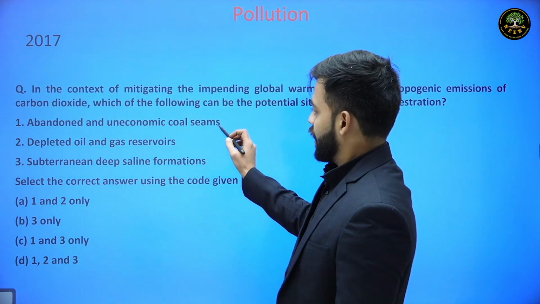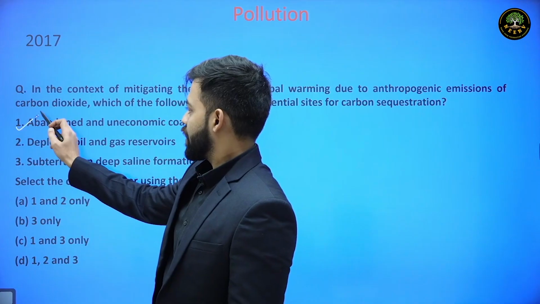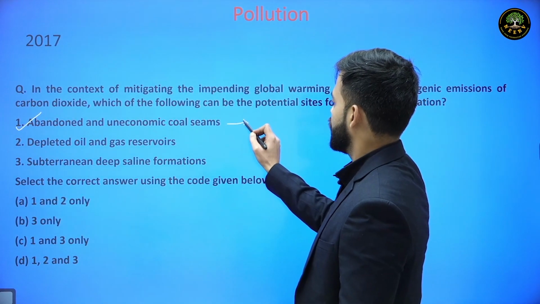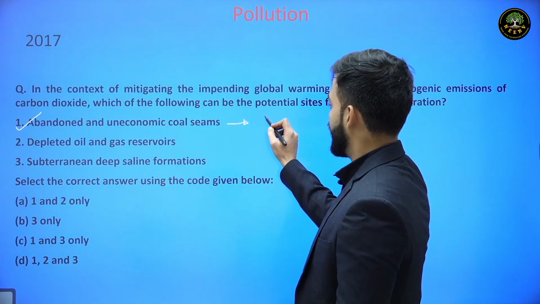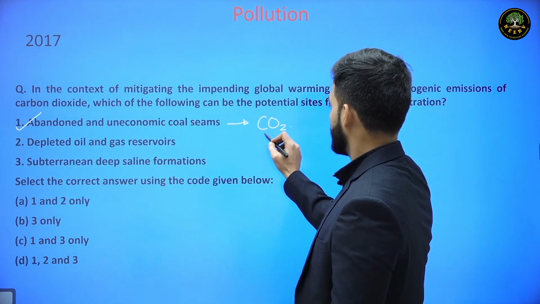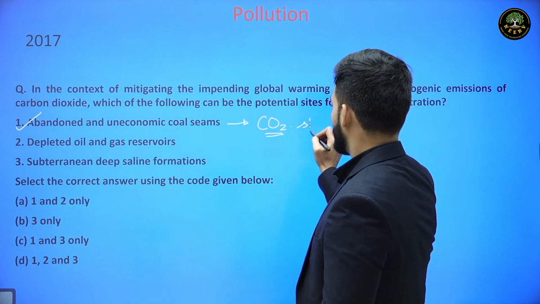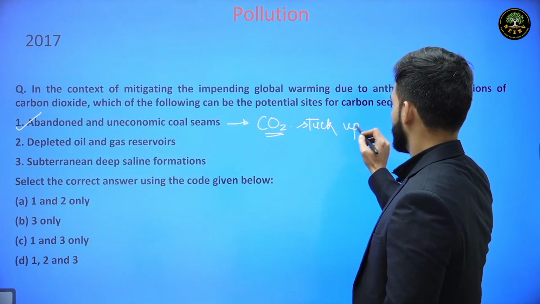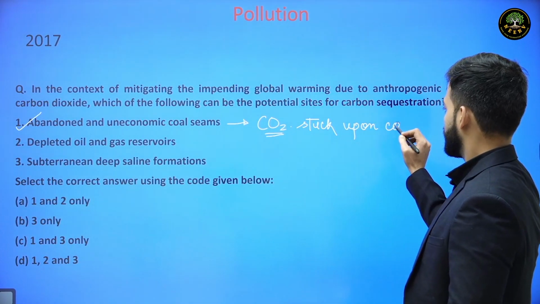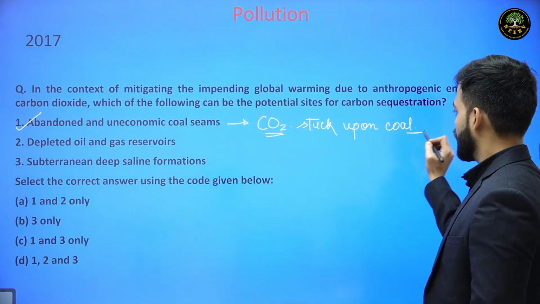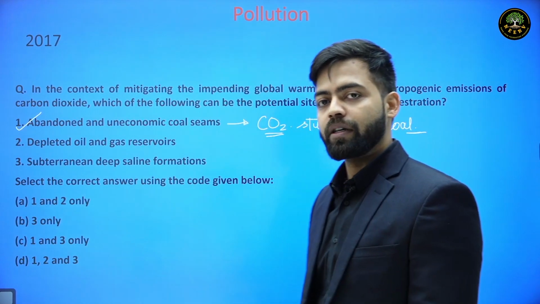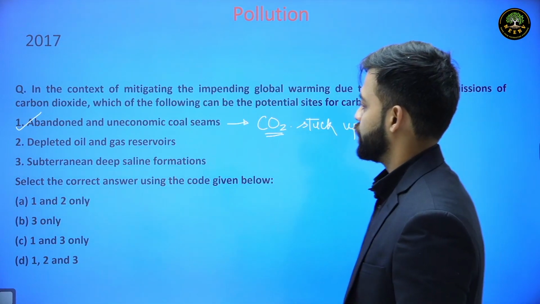So, abandoned and uneconomic coal mines are one of the reservoirs for carbon sequestration, because atmospheric CO2 gets stuck upon the coal. In this way, the excess atmospheric CO2 can be sequestered into the coal seams.